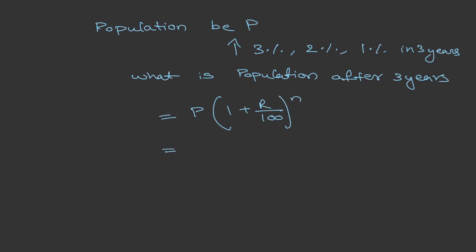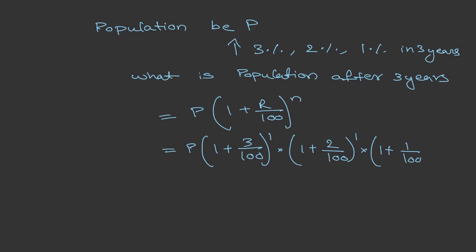In this case, we take individual rates. So, P into (1 plus 3 by 100) for 1 year, into (1 plus 2 by 100) the next year, into (1 plus 1 by 100) the next year. This gives us the population after 3 years. With this, we have finished type 5 questions.